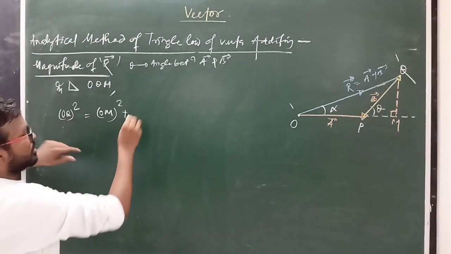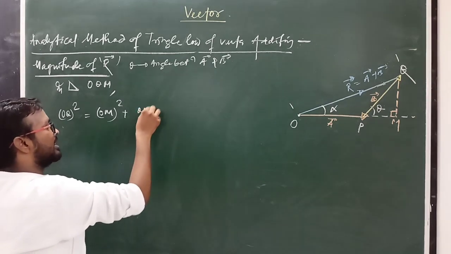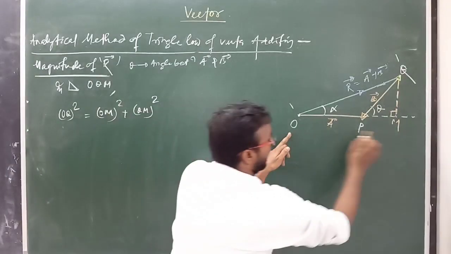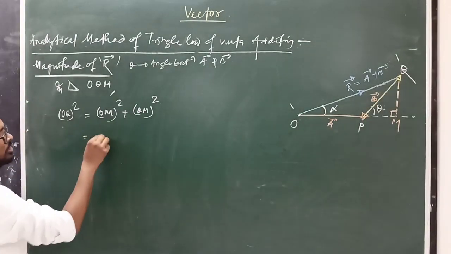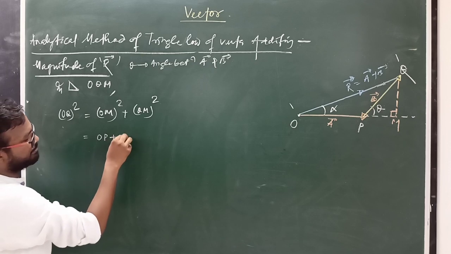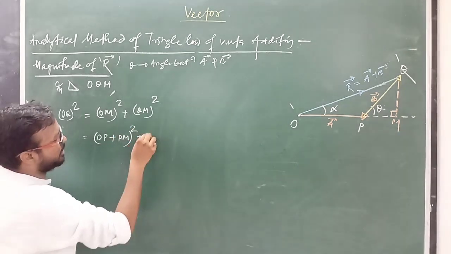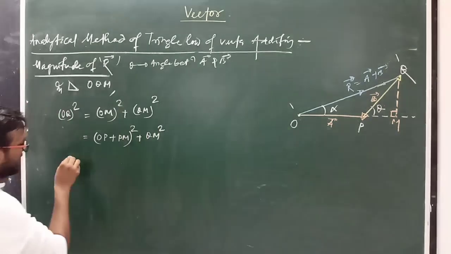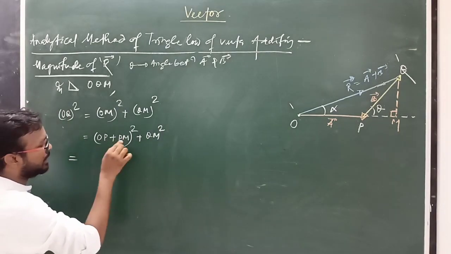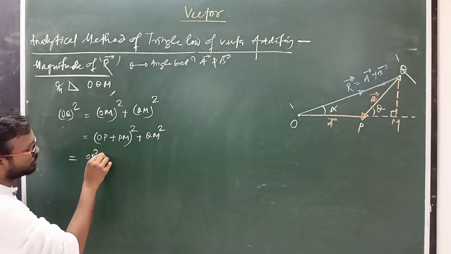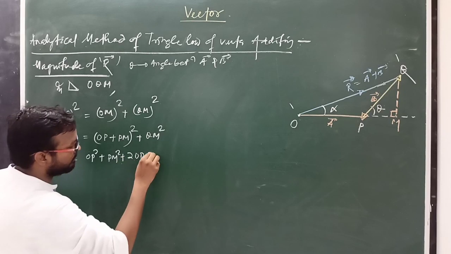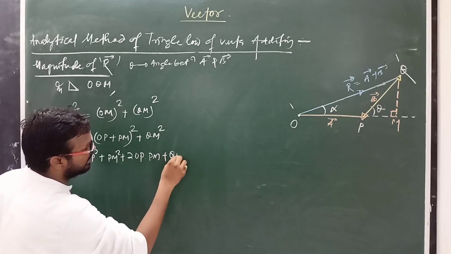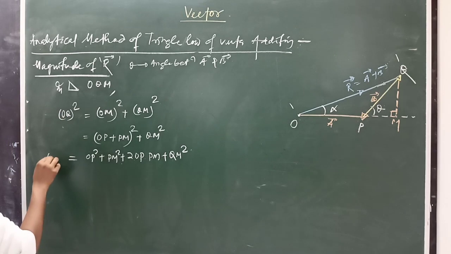So OM square plus QM square, but OM square can be written as OP plus PM whole square along one straight line. So OP plus PM whole square plus QM square, and if you solve, OP square plus PM square plus 2 OP PM plus QM whole square, which is equal to OQ whole square.